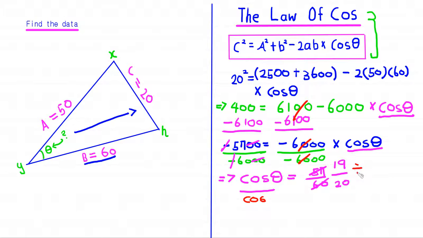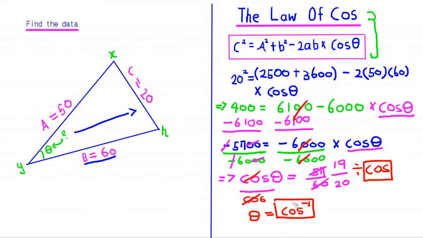The cosine will cancel out, and theta is equal to cosine inverse, the inverse trigonometric function. Inverse is not an exponent; it just shows the inverse. Cosine inverse of 19 over 20.